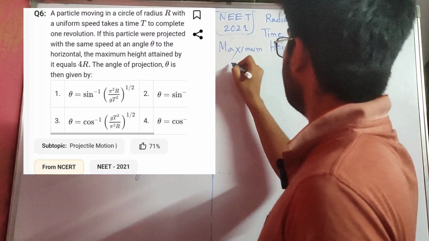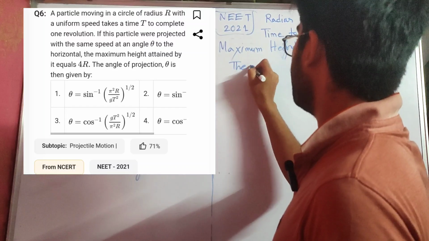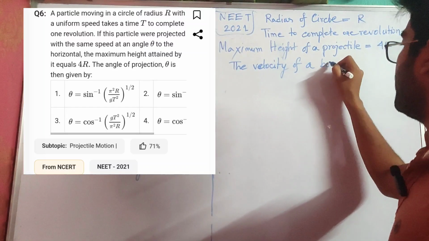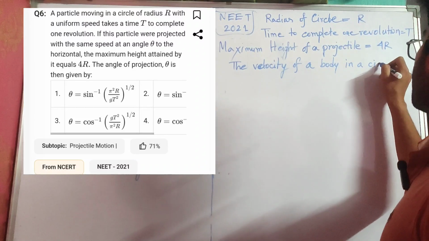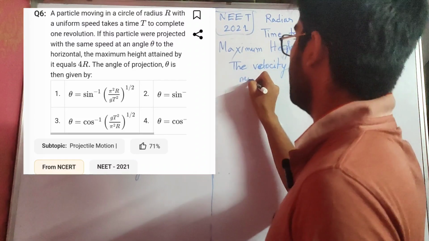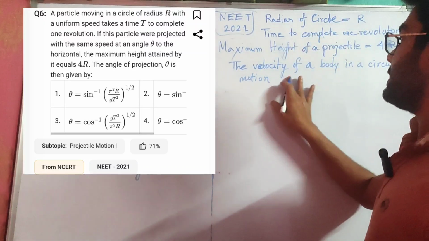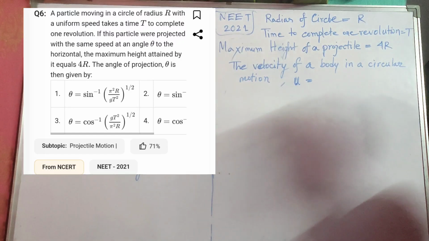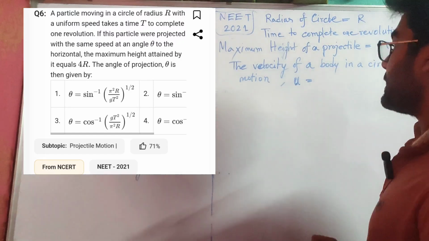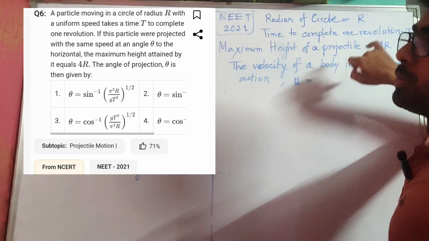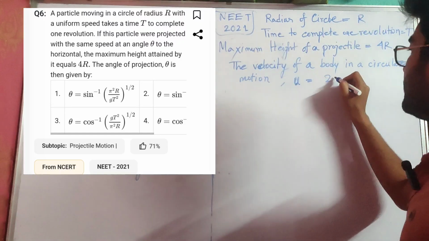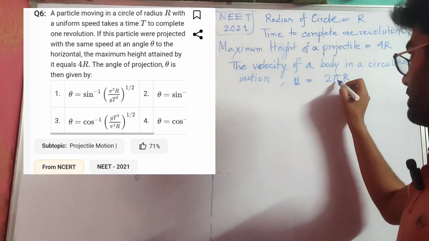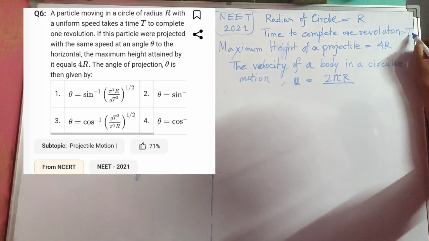The velocity u is distance by time. One revolution means the distance is 2 pi r, divided by the time of one revolution, that is capital T.